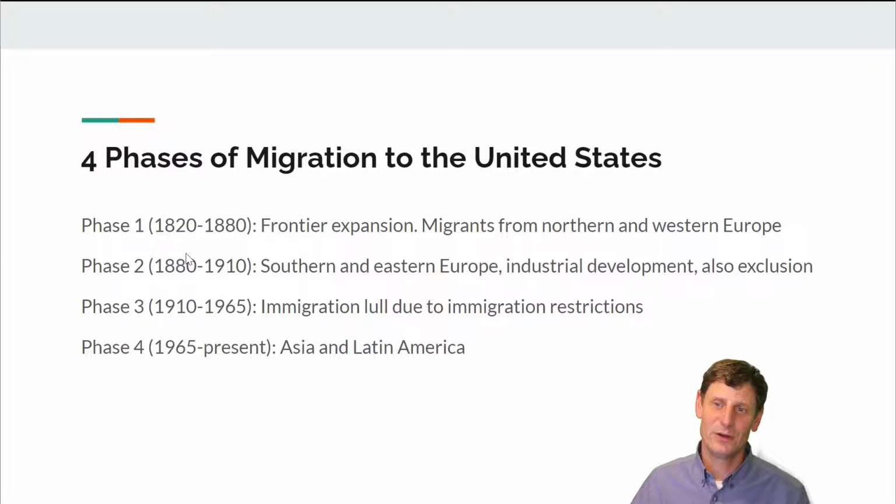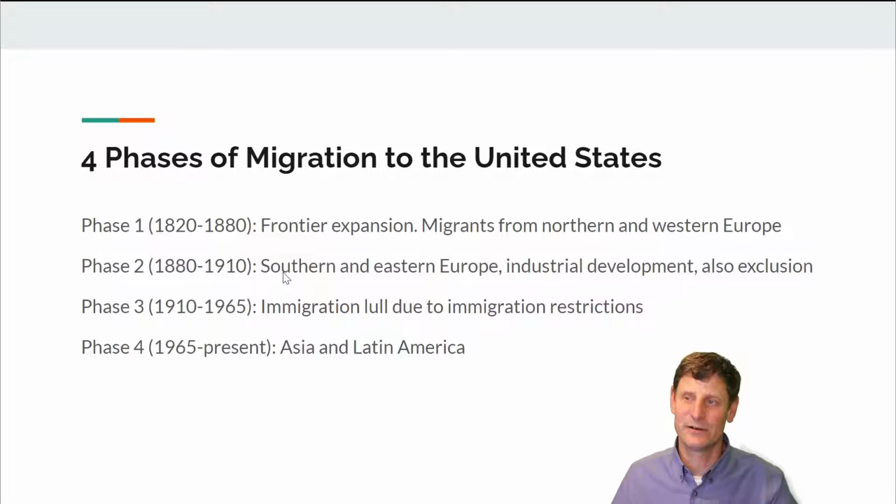There was a little lull between phase one and phase two as the country had some economic hard times, and that was a little bit less of an economic pull factor. But then in the late 1800s into the early 1900s, we saw a new wave or phase of migration, this time coming mostly from Southern and Eastern Europe.